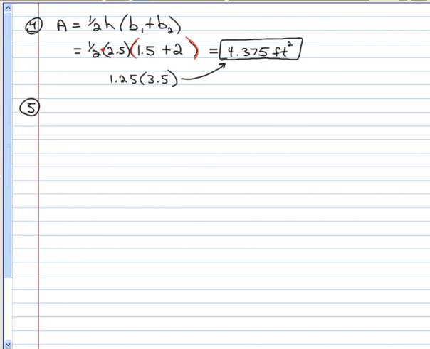Number 5. Is this one where they've given us an area and they want us to figure out the other stuff? Area equals, what's our formula on this one? There you go. And the more you say it, the more you write it, the better your memory is going to be on that formula until it's stuck right there.